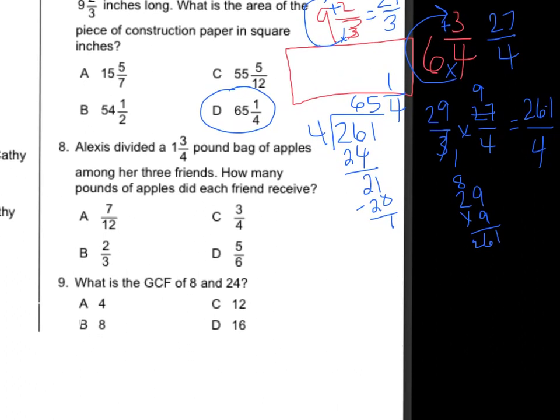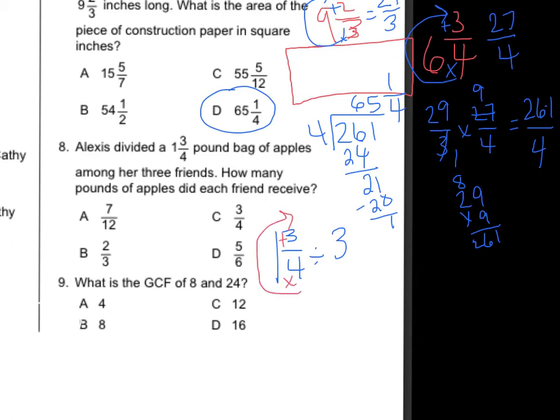Alexis divided a 1 3/4 pound bag of apples among her 3 friends. How many pounds of apples did each friend receive? We're not including Alexis on there. We're just saying how many pounds did each friend of hers receive. So it's 1 3/4 divided by 3. Okay, we got to change these to fractions.